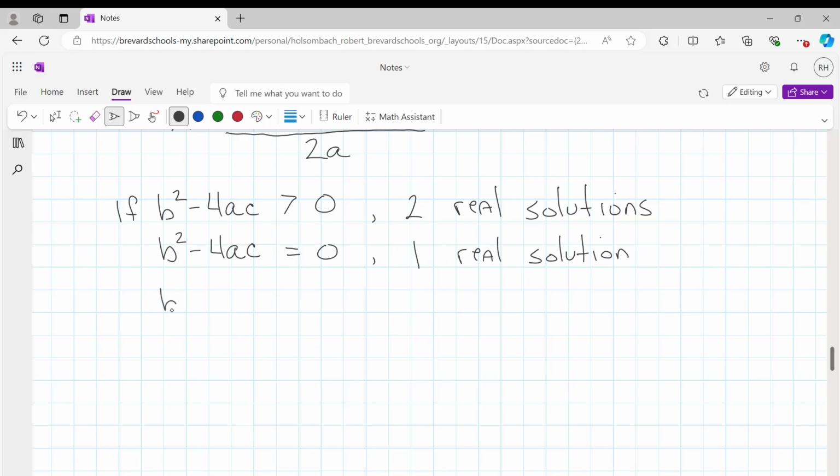And if b squared minus 4ac is less than 0, then there are no real solutions.